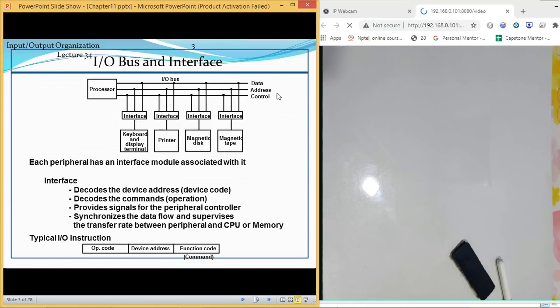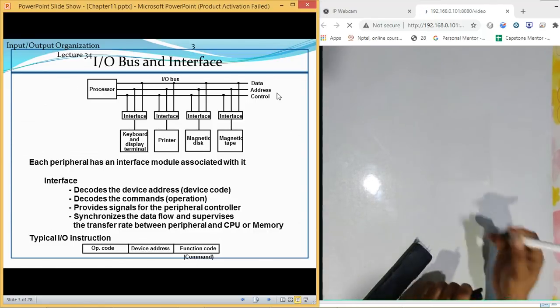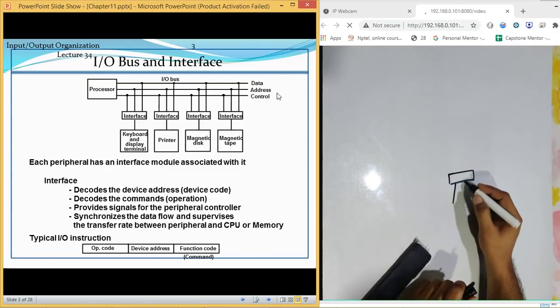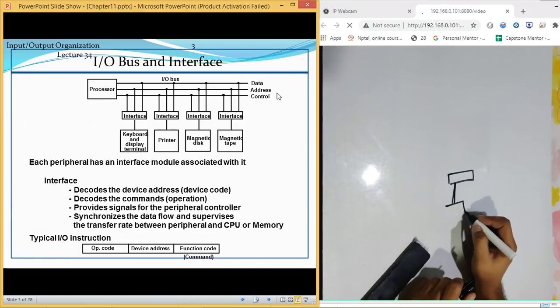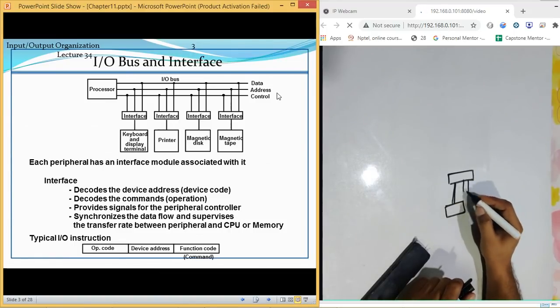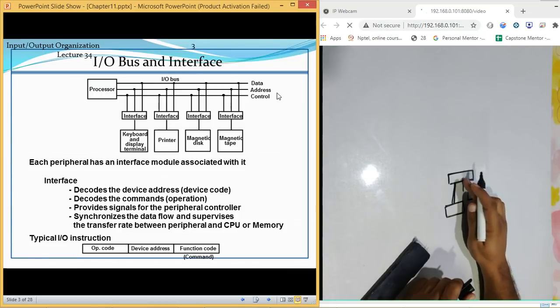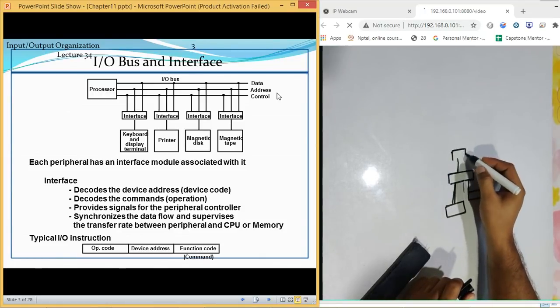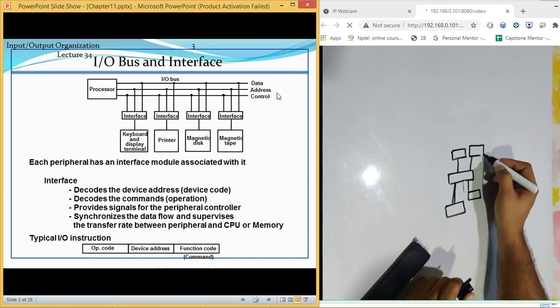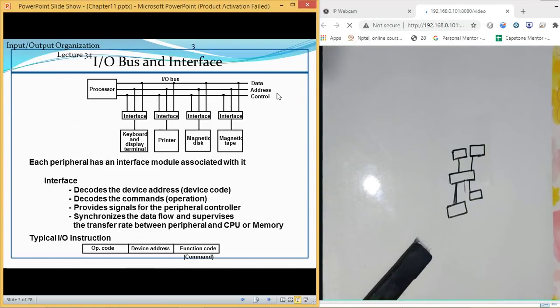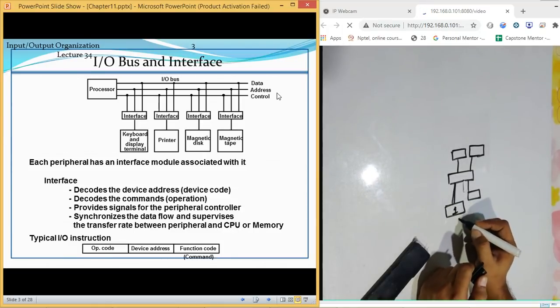Now, next is what is the task of that interface. The first task which that interface is going to do is it decodes the device address. Take an example: if our computer is connected with four different printers, even though all four are from the same company, there are four ports, and on all the ports we have four printers connected with your computer. Even though they are from the same company, everything is the same. Still, if you give a print on printer number one, you will get the print on that printer only.